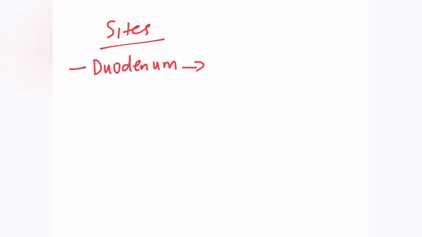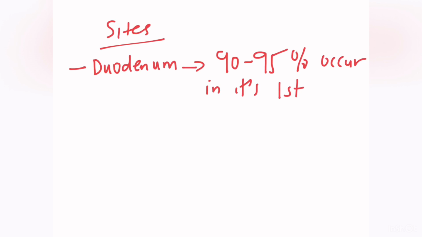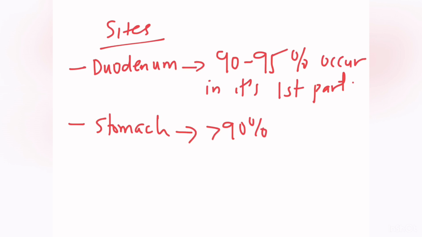Most commonly, we have the duodenum, where 90 to 95% occur in its first part, and in the stomach more than 90% occurs in the lesser curvature.